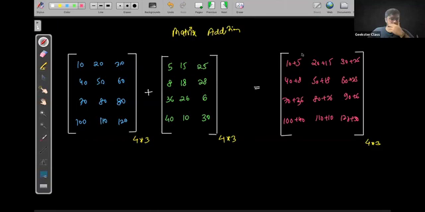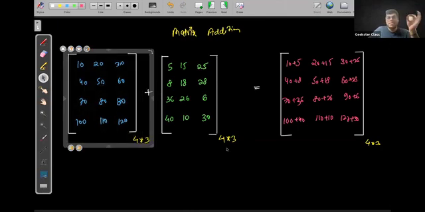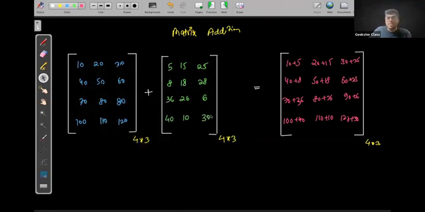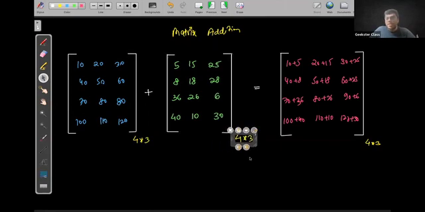Yes. Two matrices of 4 rows, 3 columns, when they add, will also form a matrix of 4 rows, 3 columns. The dimensions of the resultant will also be 4 cross 3. And the resultant will simply be the addition of corresponding cells. Add 0,0 of both matrices, add 0,1, add 0,2, then 1,0, 2,0, 3,0, whatever.